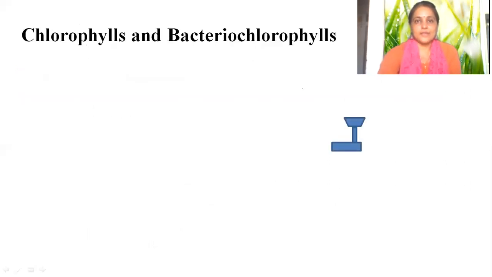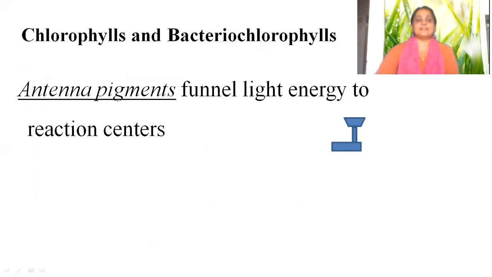Now, as I told you, 300 molecules of chlorophyll arrange like that in a flat, planar manner, so it can absorb a maximum amount of photons. This particular arrangement is known as the antenna, right? The antenna pigment funnels light energy to the reaction center.